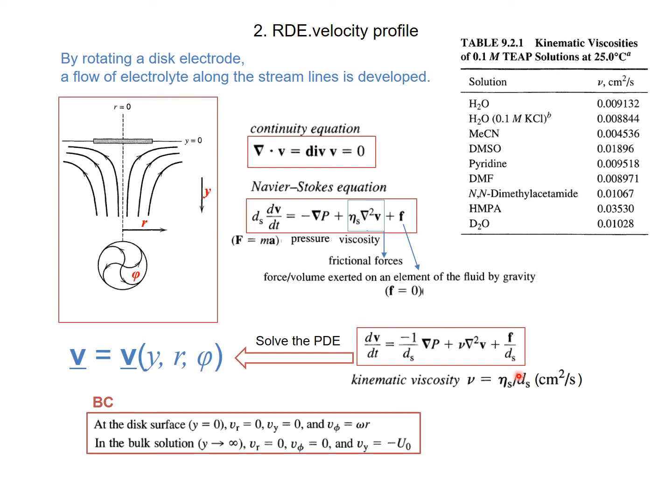So we would recognize that the value of kinematic viscosity is a very important thing. In this table, you could find some kinematic viscosities. Water is about 0.01 and acetone is 0.004 or something like that. Okay, anyway, let's get back to the governing equation.